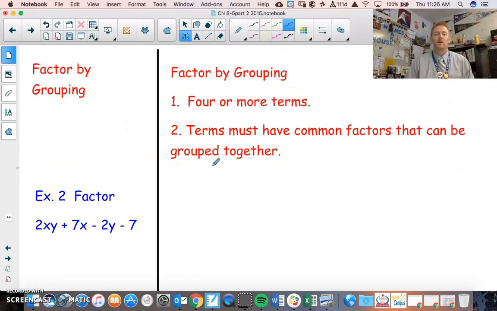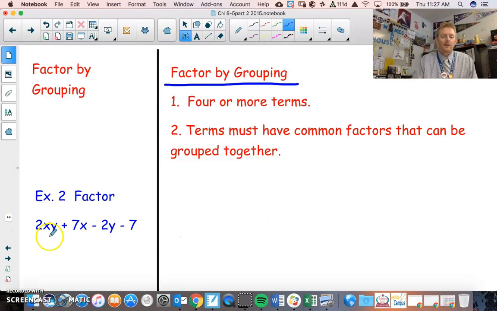Now the thing that we really want to talk about is factoring by grouping. We will use this strategy when we have 4 or more terms. We're going to use the associative and commutative properties to group things together and then be able to take a common term out.